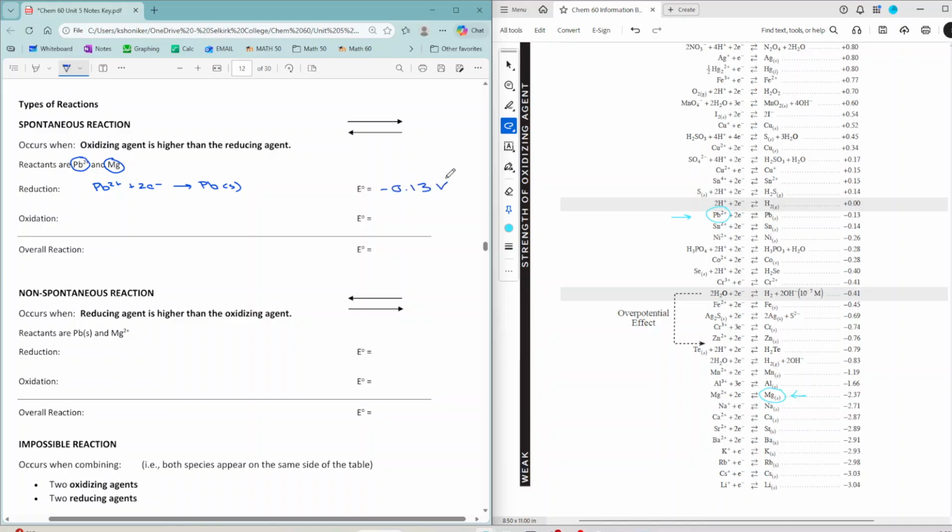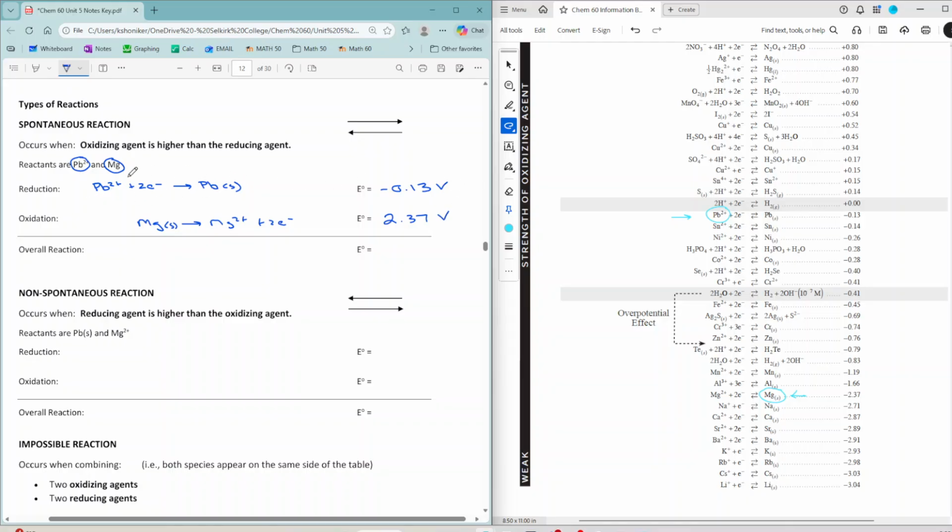It's still going to be a spontaneous reaction because then I'm going to use magnesium. Now magnesium as an oxidation, so magnesium solid as an oxidation is going to form magnesium ions and 2 electrons, and it has an oxidation potential of positive 2.37.